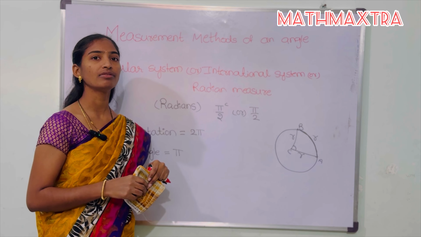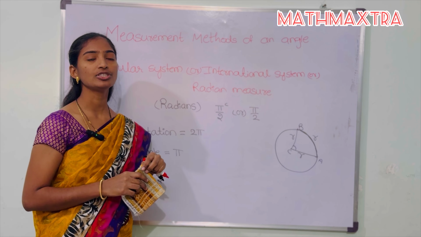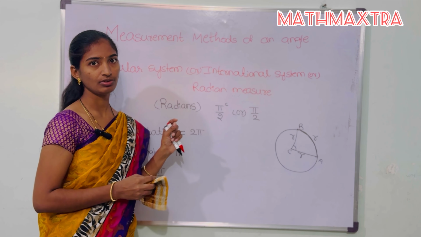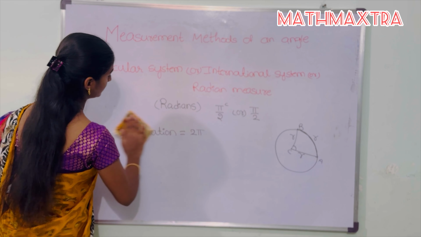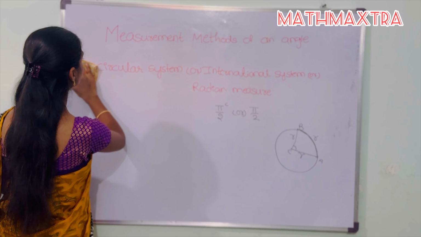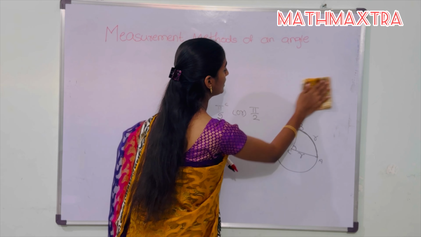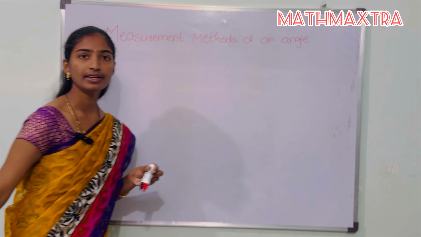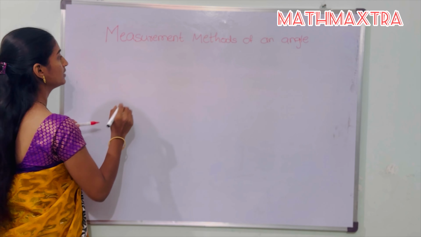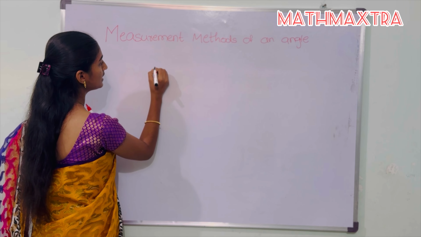In order to convert, there must be a relation between these three units. Okay. So what is that relation? The relation between degrees, grades and radians.